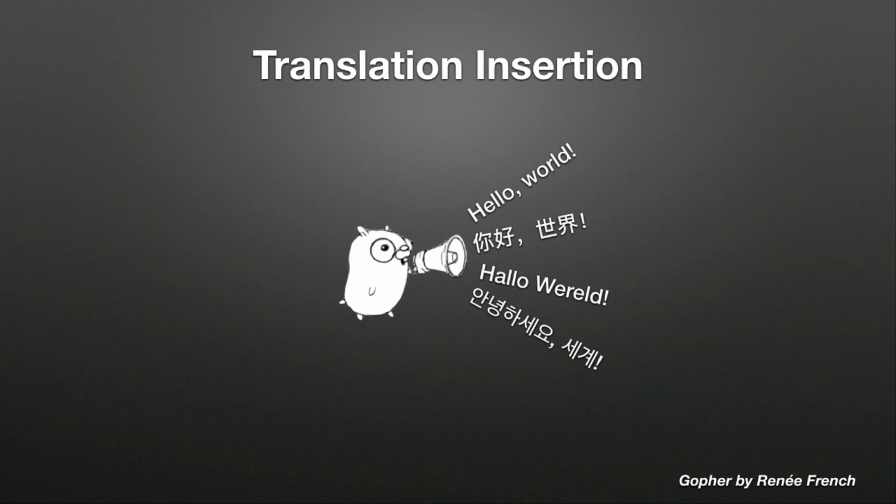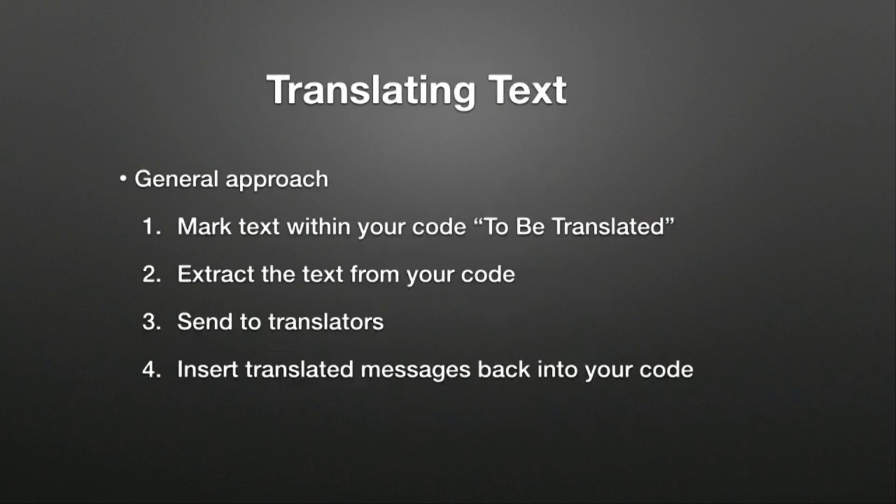So last topic, translation insertion. This is the part of the text repo that's most under development, so I'm going to keep it very brief. Probably should be a whole talk by itself. But the general approach is, suppose you have your Go application and you have English texts, user-facing strings, right?